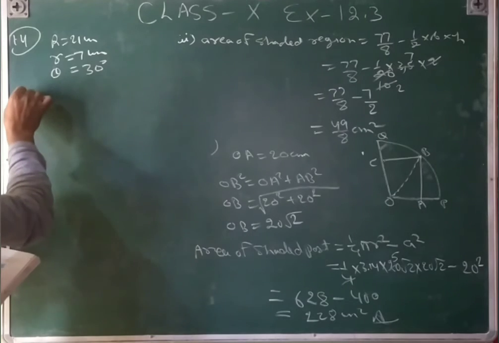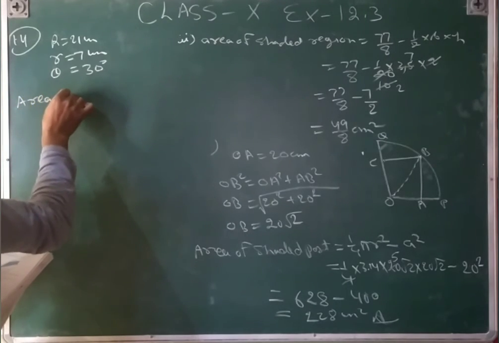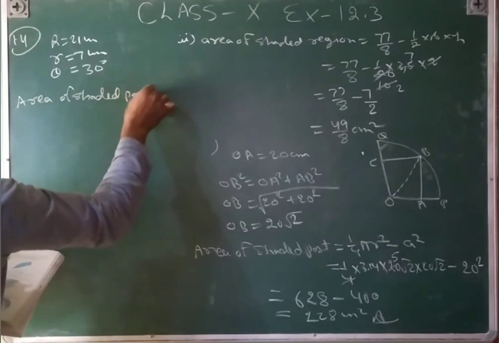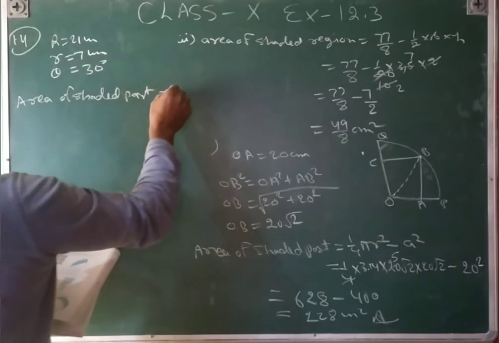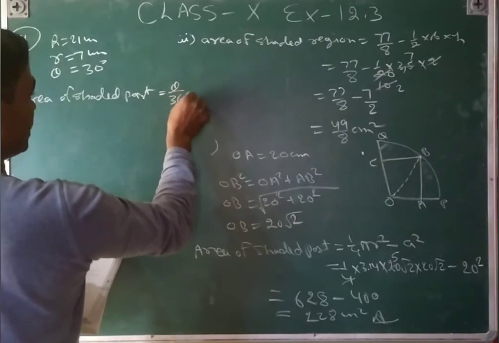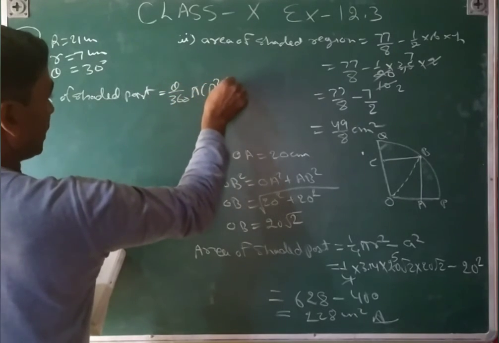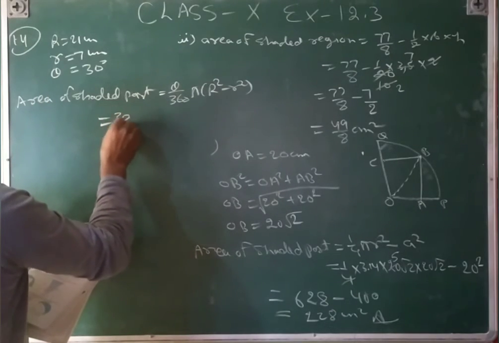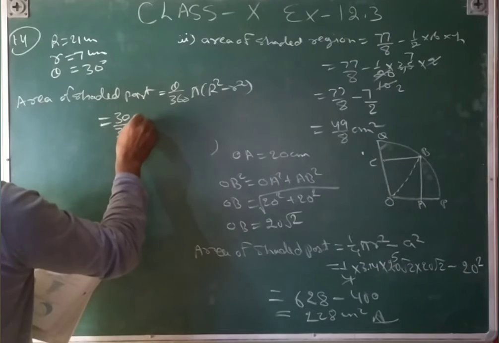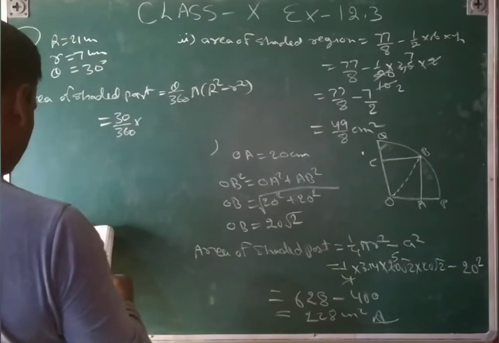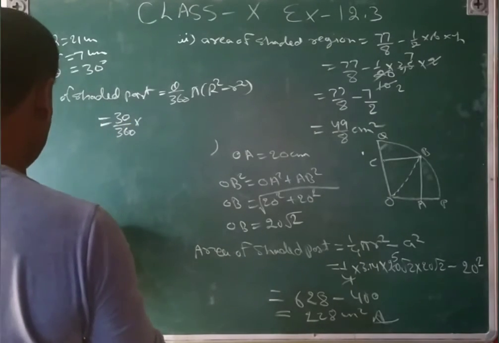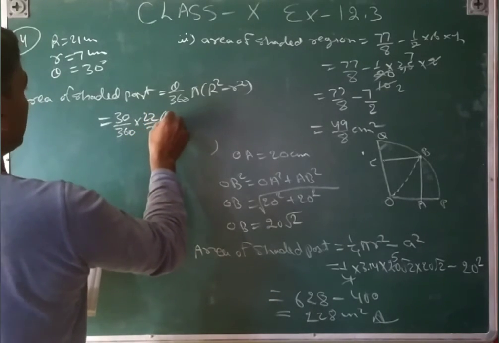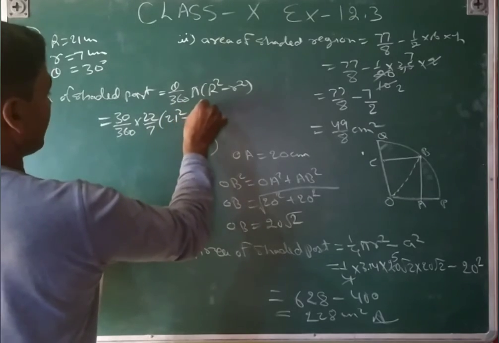So the area of the shaded part is equal to theta upon 360 pi r square minus r square. So theta is 30 degree upon 360 into pi value, which is not given here, so 22 upon 7 into bracket 21 square minus 7 square.